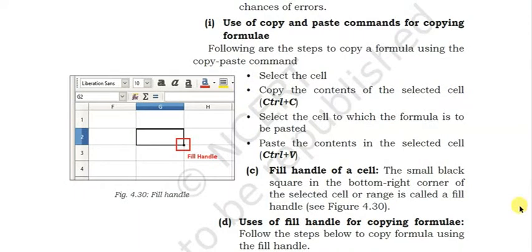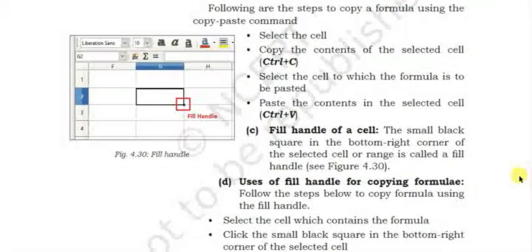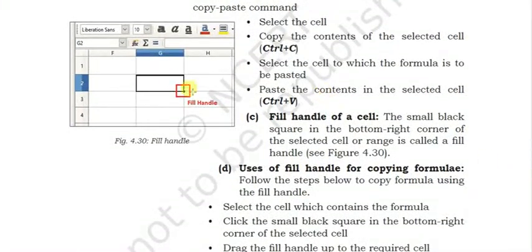You will select the cell, copy using Ctrl C, and then use Ctrl V. And if you want to copy it through the fill handle, then you will select this cell and click on the fill handle appearing at the corner, and drag it to the required cells. So that formula will be copied into those cells. Okay.